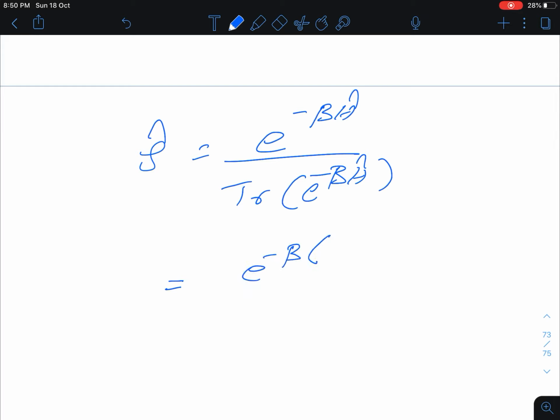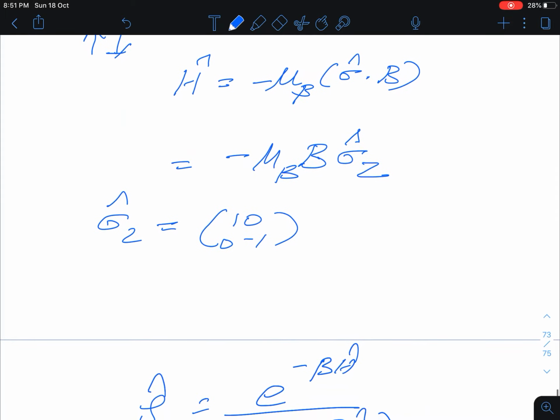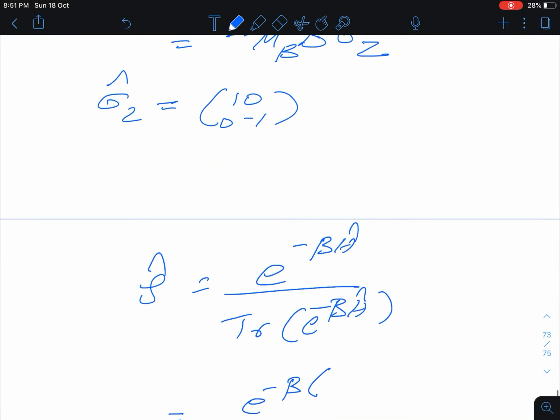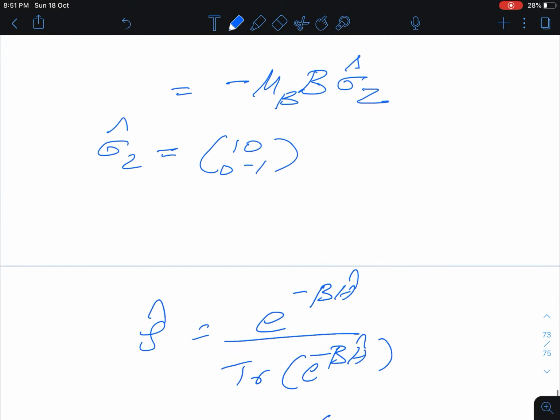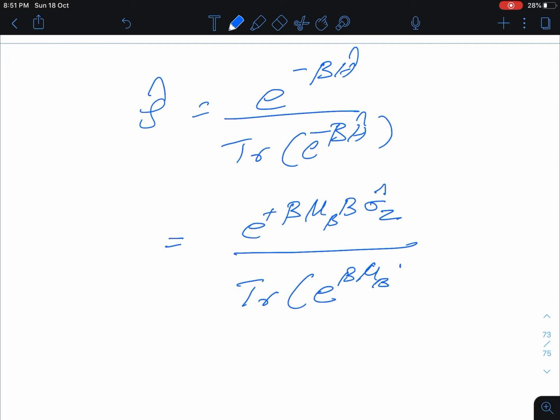We just found it: minus mu B B sigma z. So with minus beta times that it becomes plus, e raised to beta mu B B sigma z operator divided by the trace of e raised to beta mu B B sigma z operator.